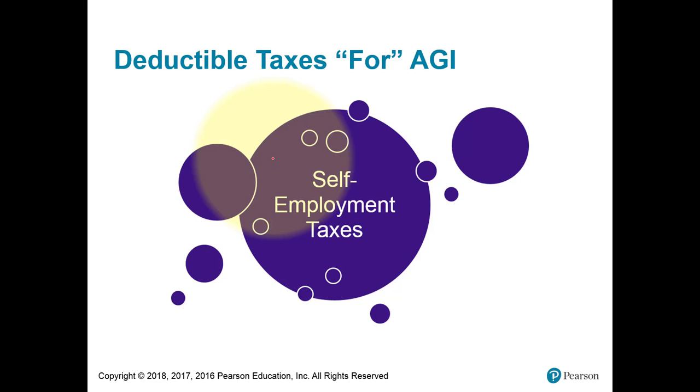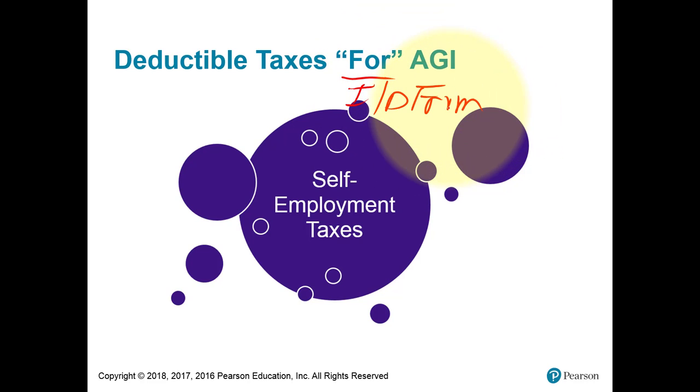This type of tax probably should have been explained in more detail in the previous chapter because it's a for AGI deduction, whereas itemized deductions are the so-called from AGI. We're deducting it after calculating AGI.